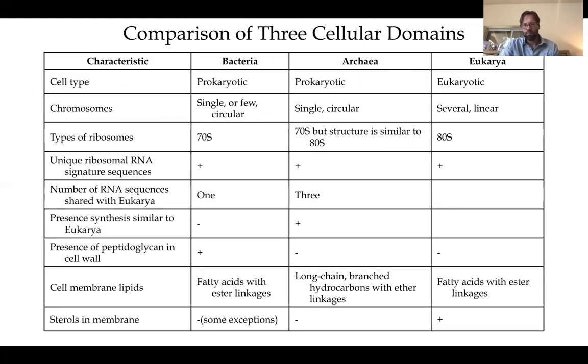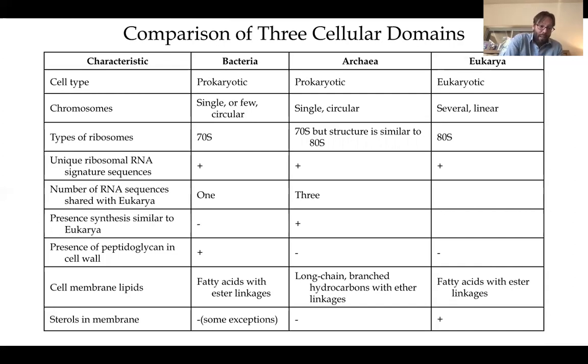Here is a table that you don't need to memorize, but it shows you how these archaea stack up, right? So even though they're prokaryotes like bacteria, they don't have a peptidoglycan in their cell wall. Neither do eukaryotes.